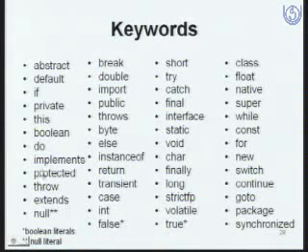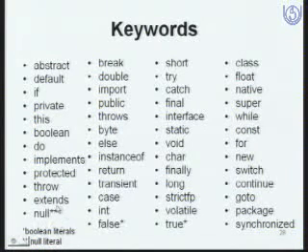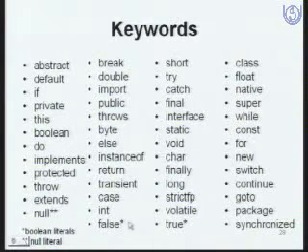One is null. Null is a literal which may not be used for defining your variables, methods, or any identifier. And the others are false and true. These are the Boolean literals which you may not use for defining your identifiers.